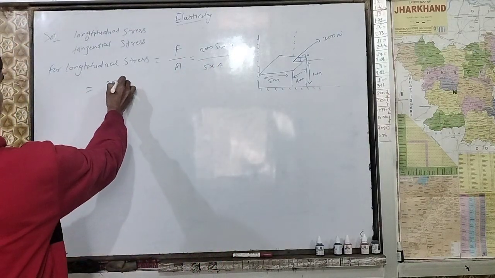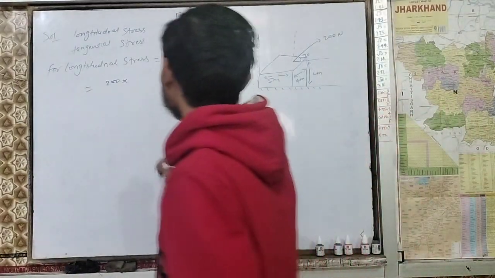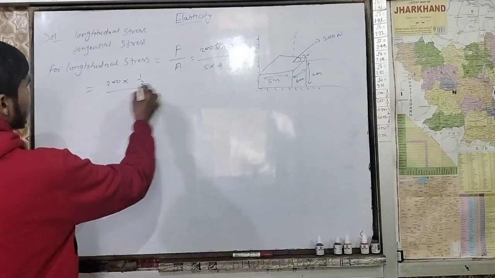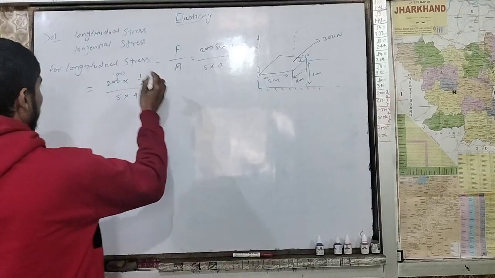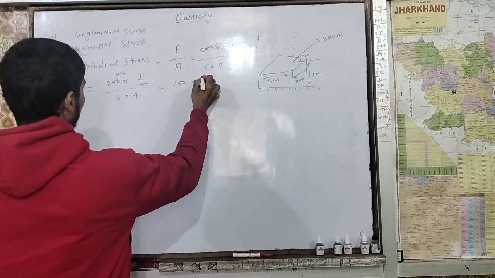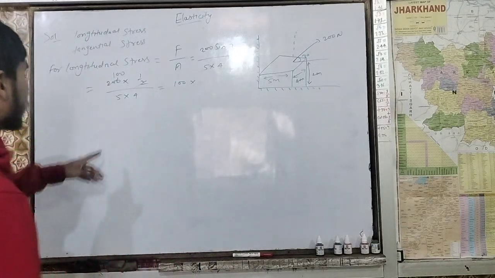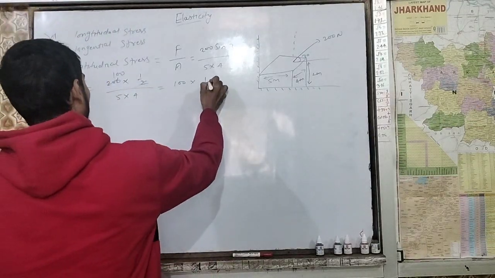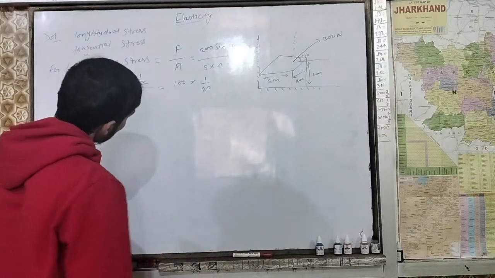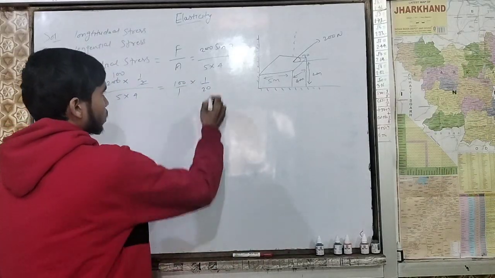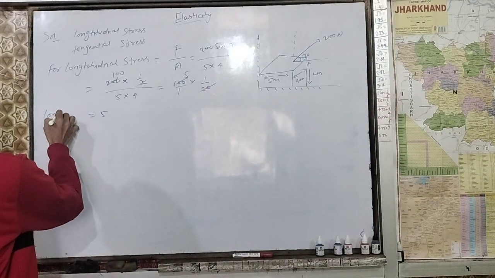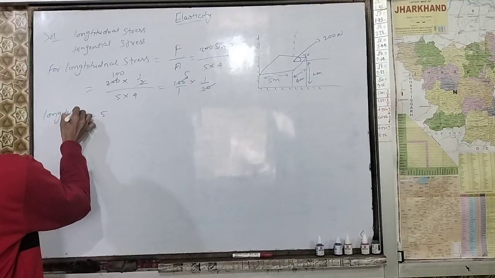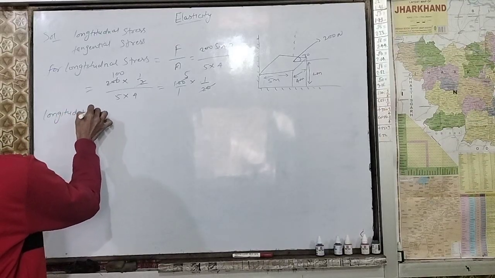So 200 times sine 30, which is 1 upon 2, upon 5 multiplied by 4. 200 by 20 is nothing but 10, so 5 is nothing but this longitudinal stress.